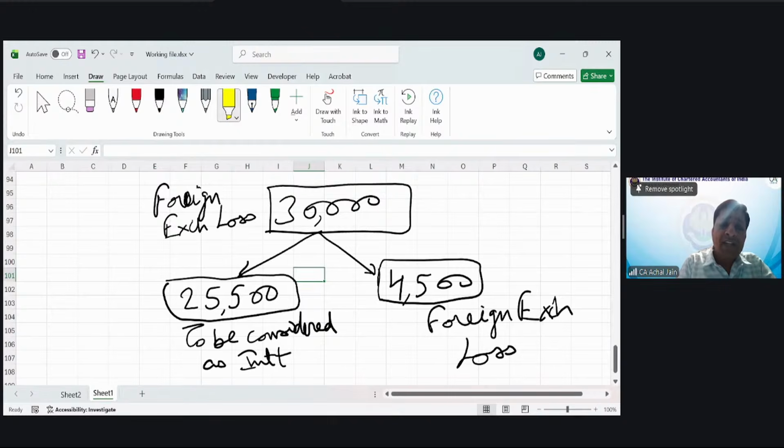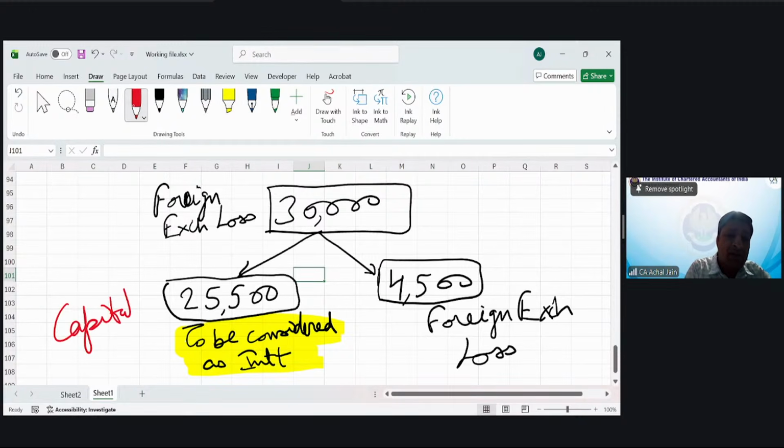Because you are considering this as interest and because it pertains to a specific project, you will be able to capitalize this 25,500. This 4,500 has to go to P&L. Why? Because foreign exchange loss had to go to P&L only. Only because a portion of this has been considered as interest and this pertains to a qualifying asset, that's why it's been capitalized.